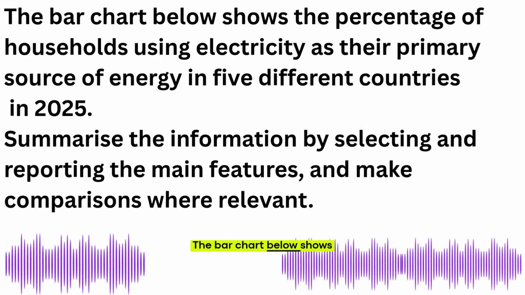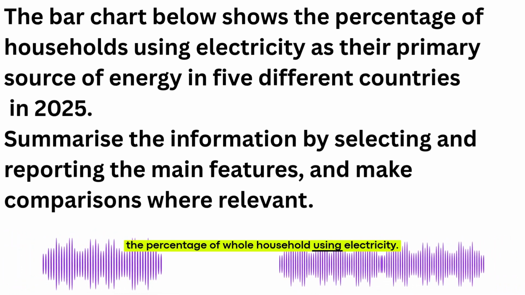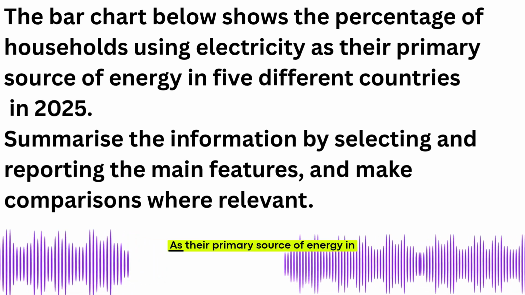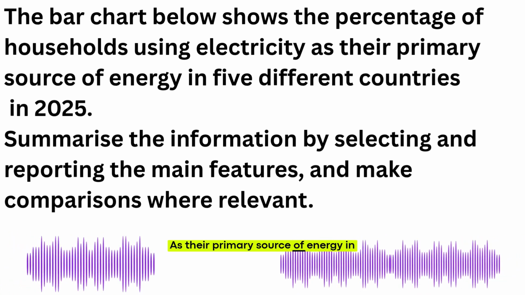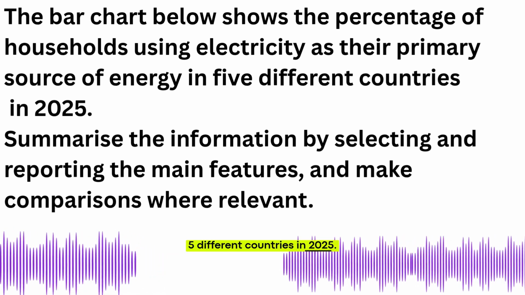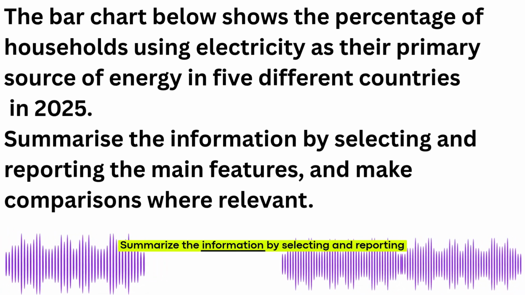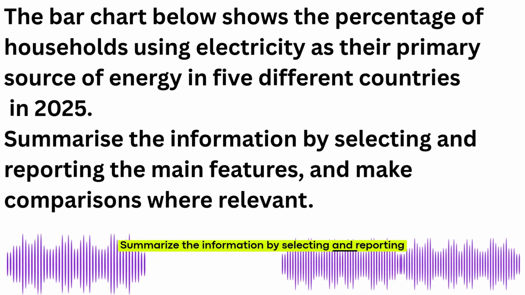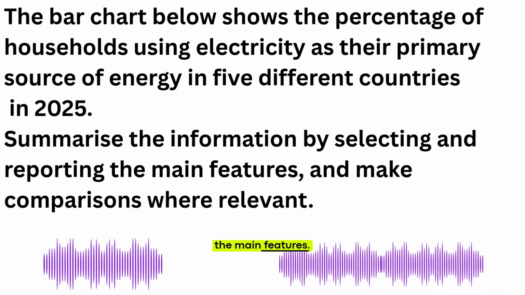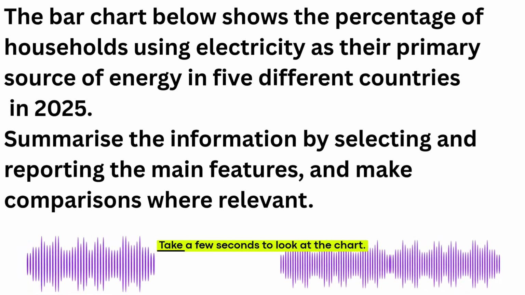The bar chart below shows the percentage of households using electricity as their primary source of energy in 5 different countries in 2025. Summarize the information by selecting and reporting the main features, and make comparisons where relevant.